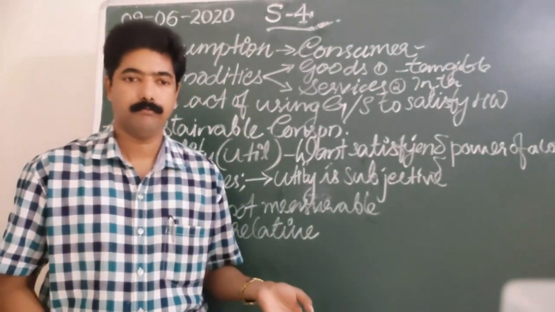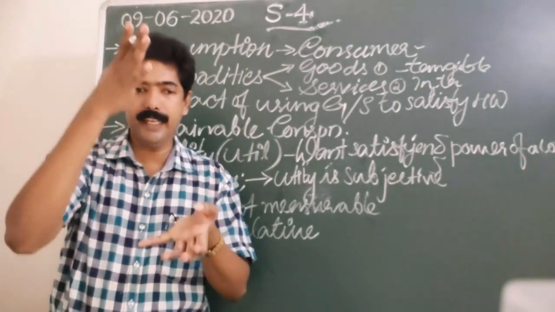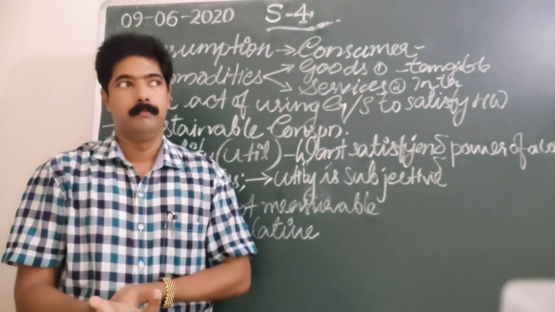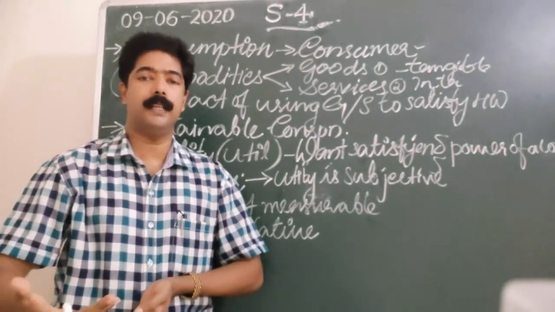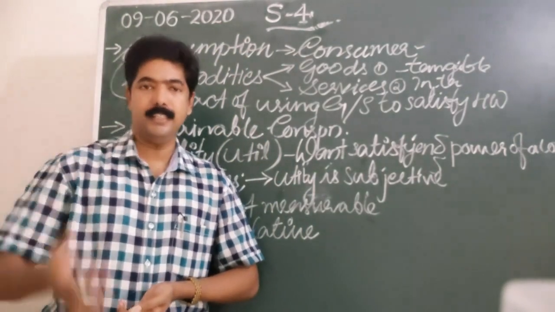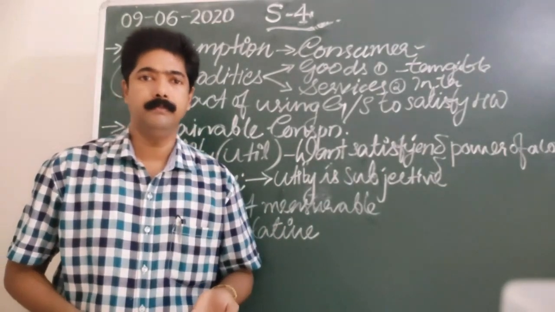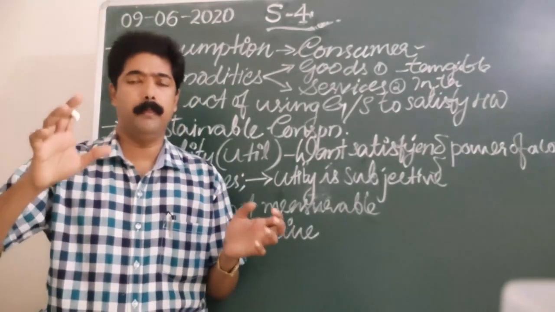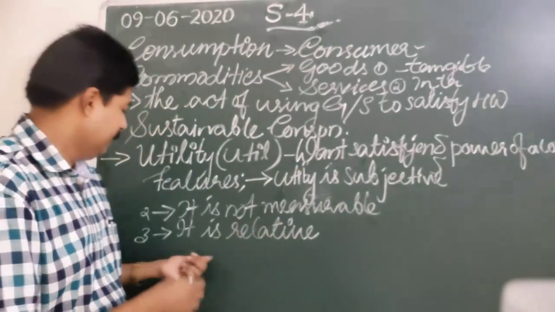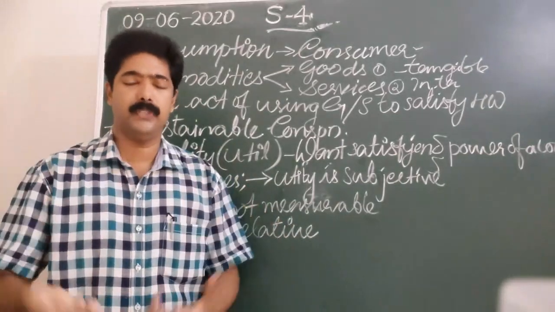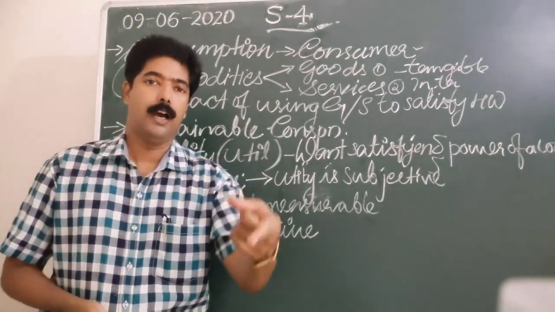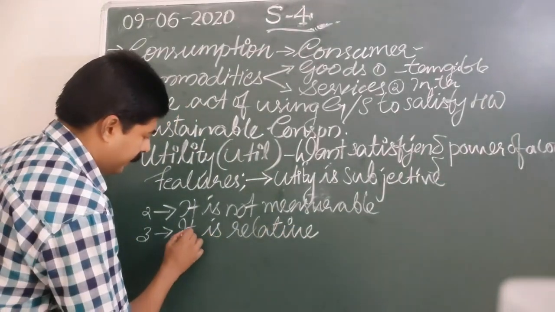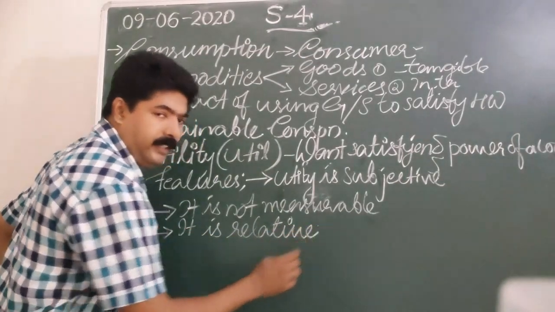Therefore, it varies from person to person, and it changes from time to time. It also changes the quantity, the satisfaction from one person to another person. Therefore, we can say it is relative in nature.